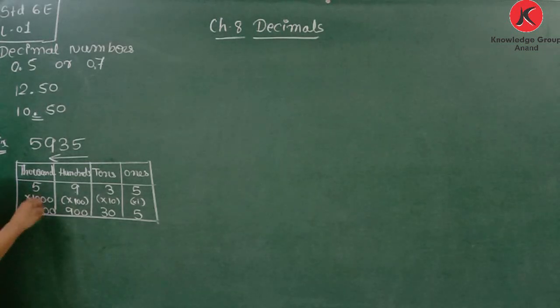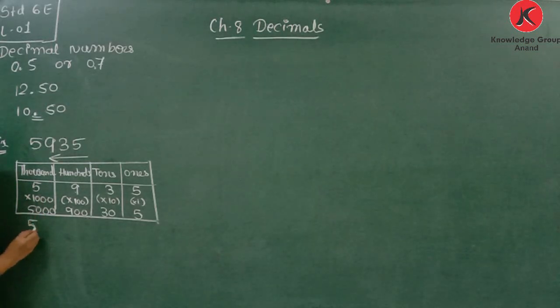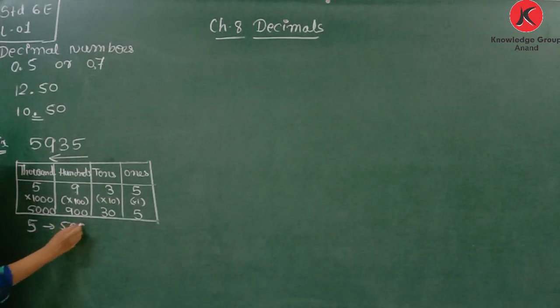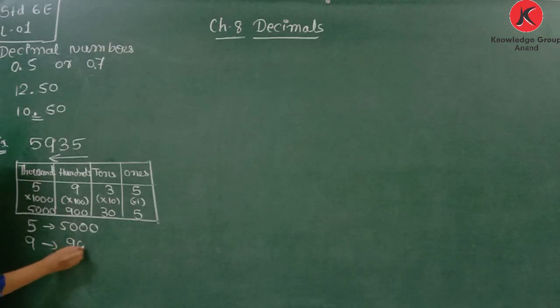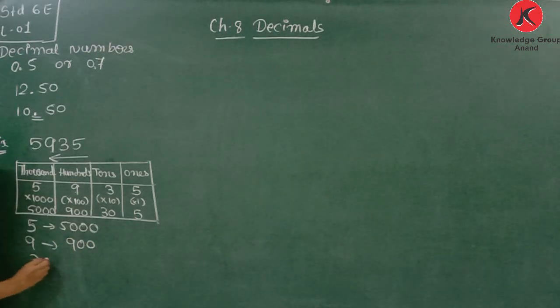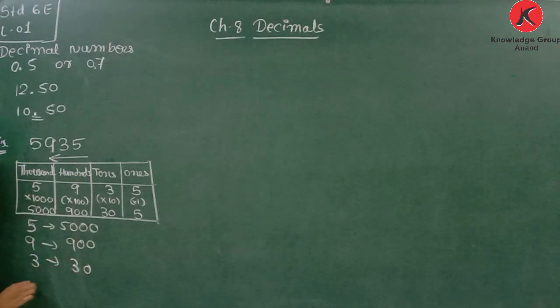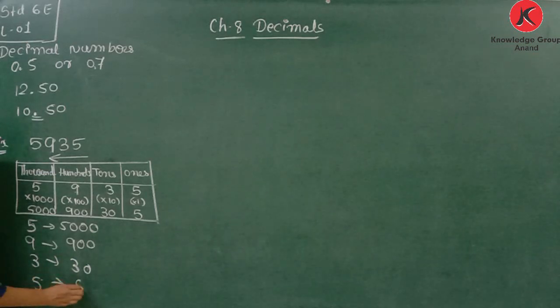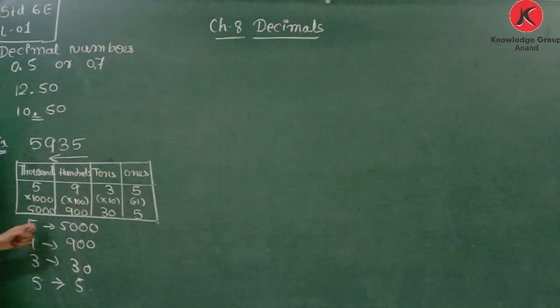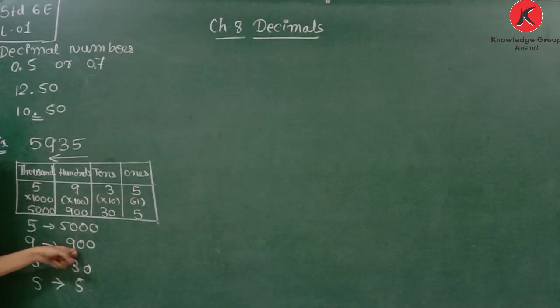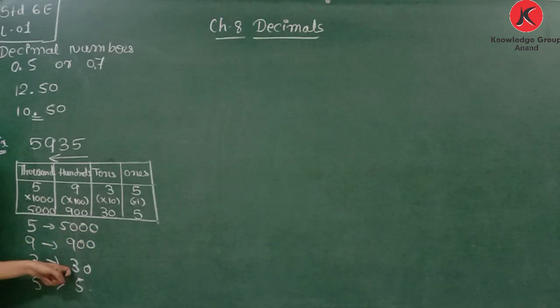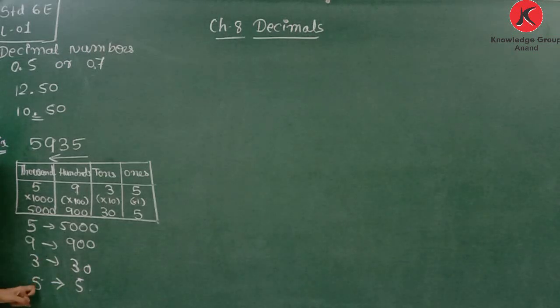So the place value of 5 is 5000, of 9 is 900, of 3 is 30, and of 5 is 5. 5 at the thousands place is 5000, 9 at the hundreds place is 900, 3 at the tens place is 30, and 5 at the ones place is 5.